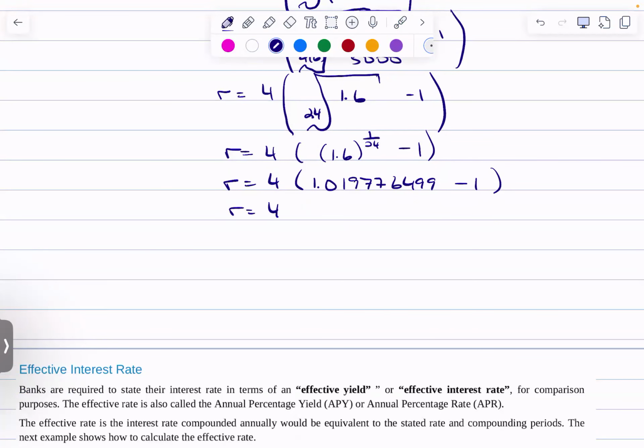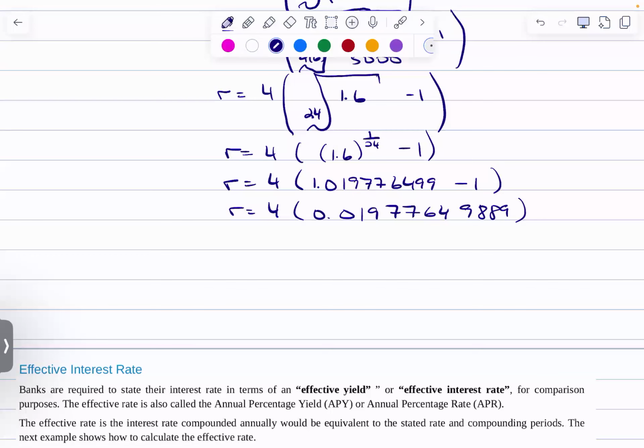So r is 4 times 0.019776499, and then I get a couple more decimal places, I guess, 899.